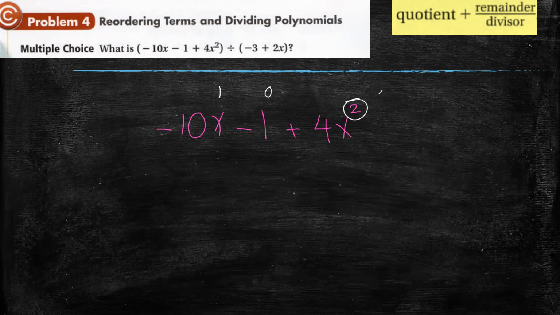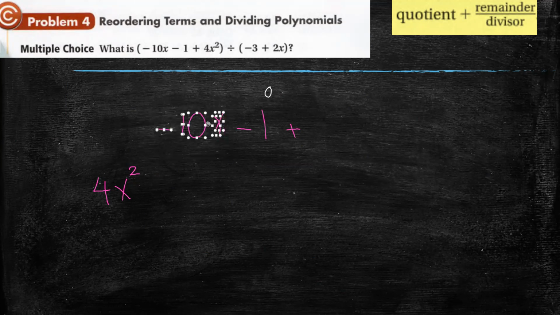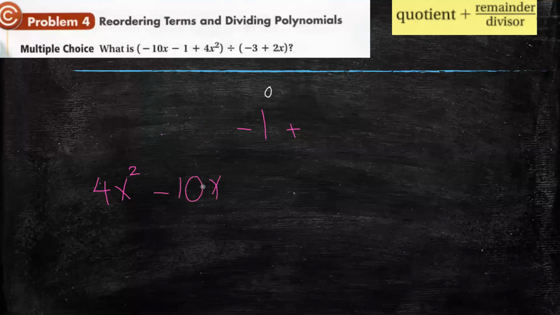To rewrite it in the standard form, what do you have to do? First step, what is the greatest power? Yes, 4x squared. Write it as the first one. Then, where's the second power? Negative 10x. Bravo. Write it here with its power.